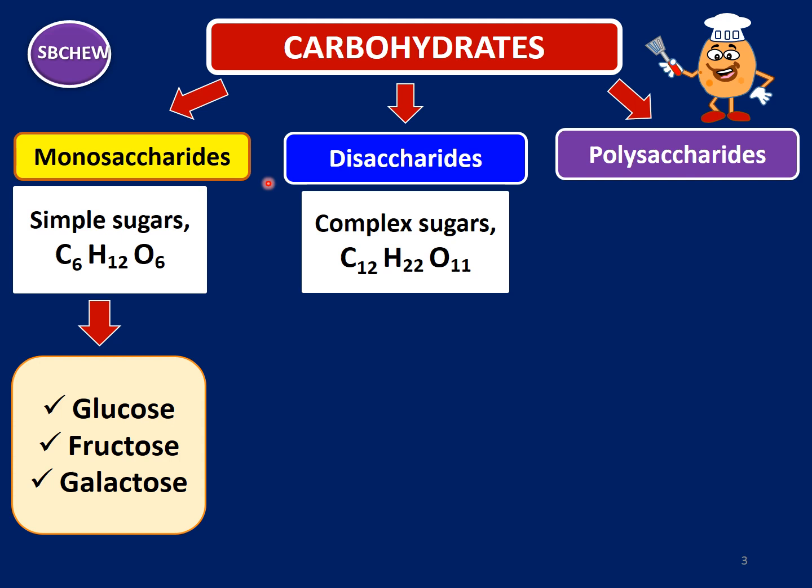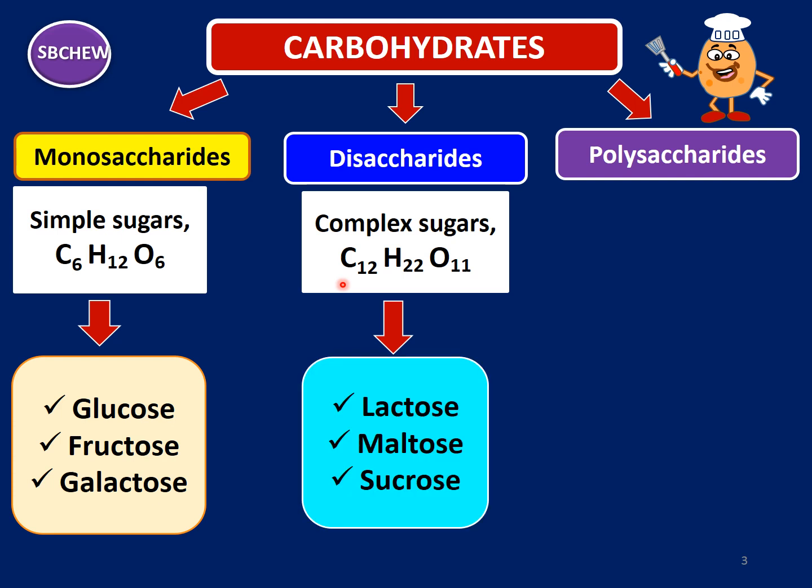They are soluble, they taste sweet, and can also be crystallized. Their general chemical formula is C12H22O11. Examples of disaccharides are lactose, maltose, and sucrose.